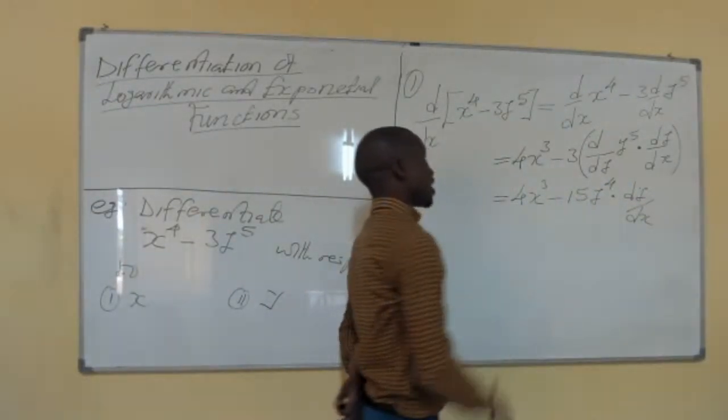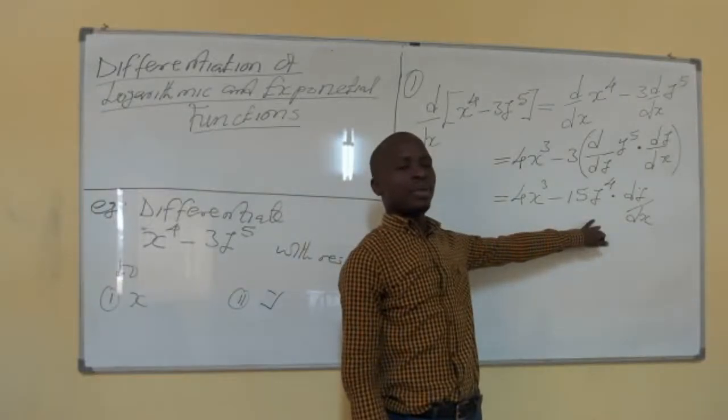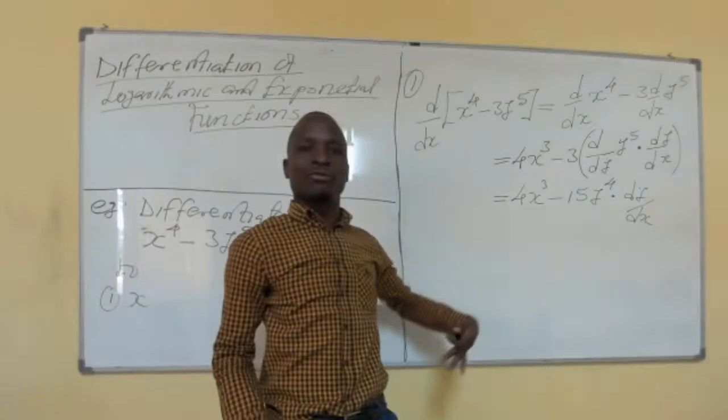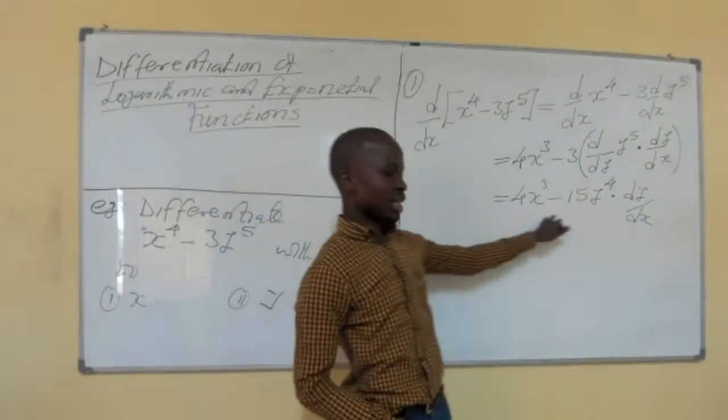Now, if you have such a scenario, here you can't make dy/dx the subject of the formula. Moreover, we have dy/dx of this function. So even if you make it the subject of the formula, you're just complicating your life. So all you need to do is just leave it like that.